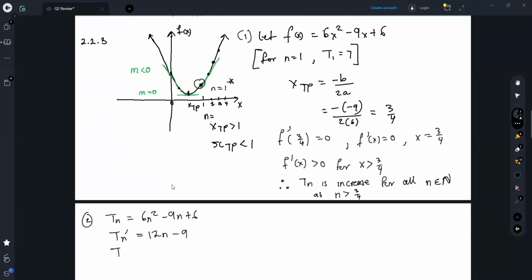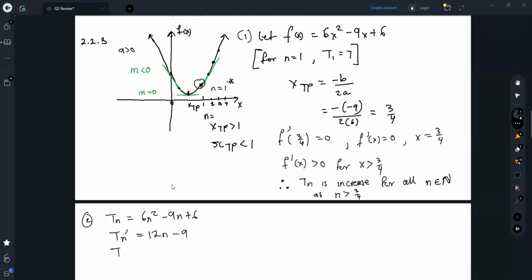I know that since this is a parabola, if that part is positive, then going forward it must remain positive. Because for a parabola where a is greater than 0, it starts as a decreasing function, then it has a turning point, and after that the gradient must be positive.